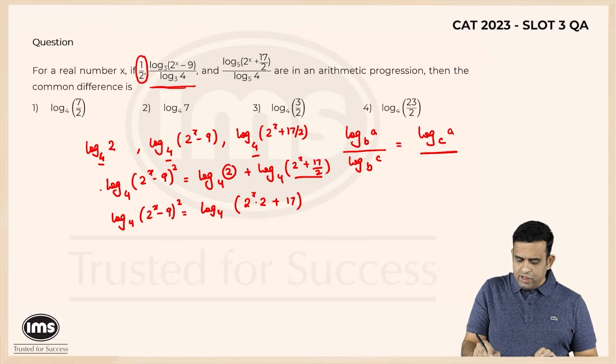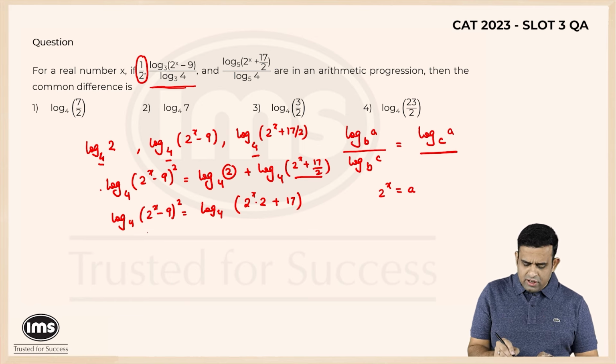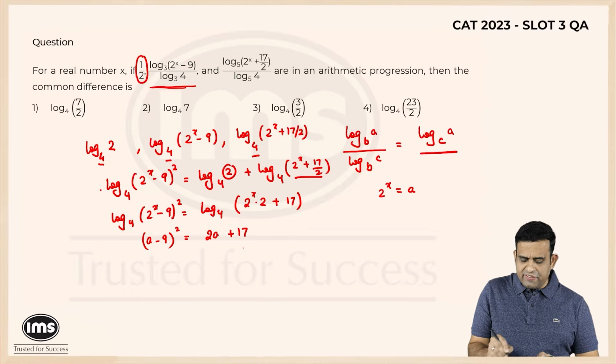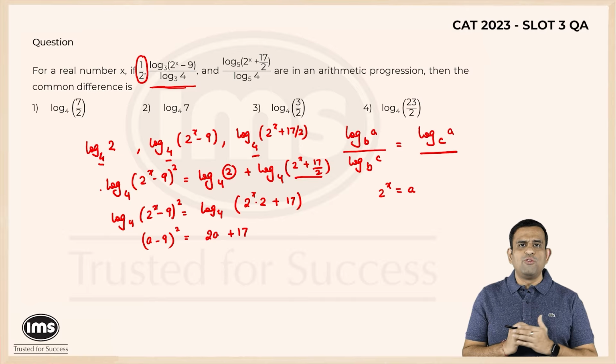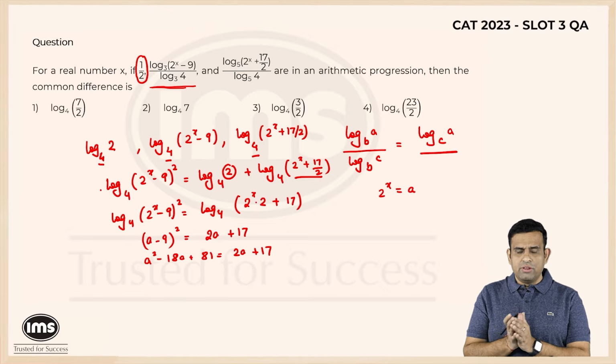Now what I will do is assume the term 2 power x to be equal to some number, let's say a. So one is going to find out that a minus 9 whole square is equal to 2a plus 17. And now I'm going to solve for the value of a. So one will get a square minus 18a plus 81 is equal to 2a plus 17. Let's bring everything on the left hand side.